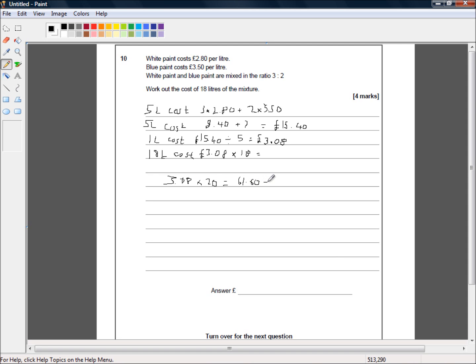And then I've got to subtract 3.08 times 2, which is just £6.16.